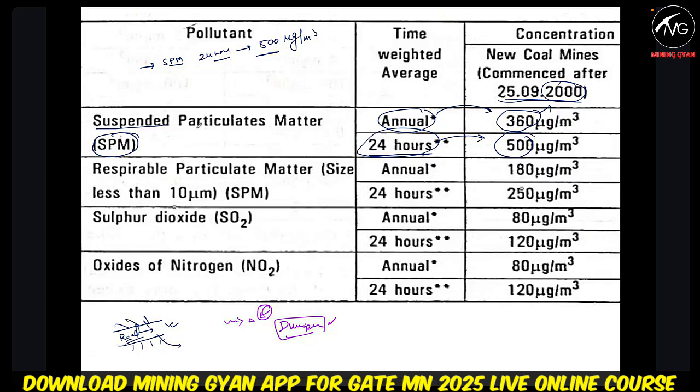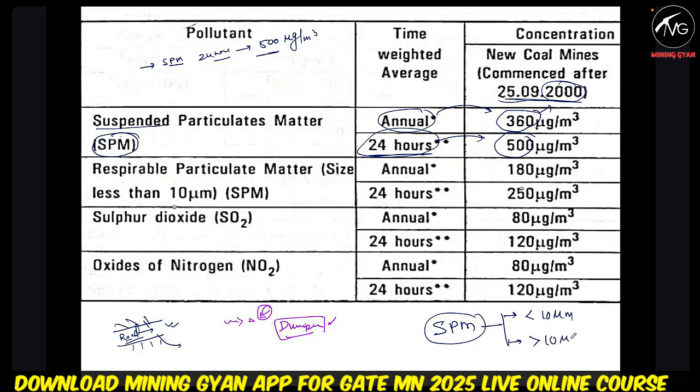Suspended particulate matter, SPM, is of two types: particles with size lesser than 10 micrometer and size more than 10 micrometer.